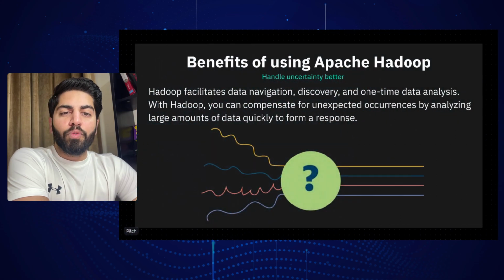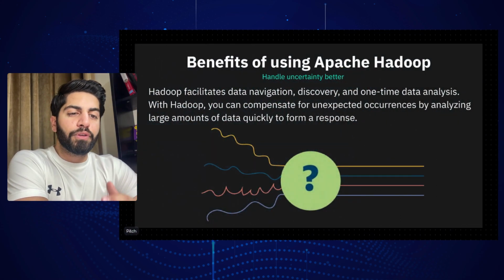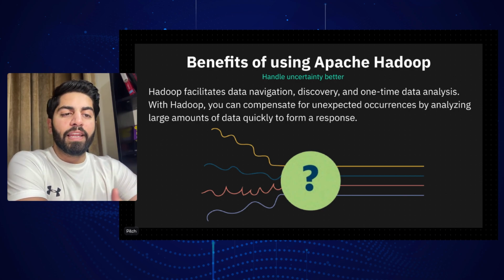So now moving forward to the benefits of using Apache Hadoop. Hadoop facilitates data navigation, data discovery, and one-time data analysis. With Hadoop, you can compensate for unexpected occurrences by analyzing large amounts of data quickly to form a response.